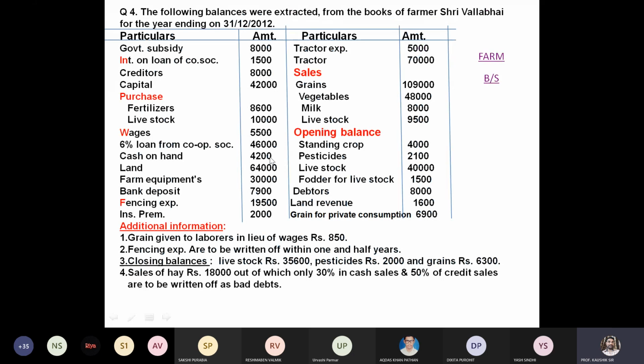So we will add the cash sales in the cash balance. Cash sales we will find out considering adjustment number 4: 30% of 18,000. That we cleared already. 5,400 is the amount of cash sales that will be added in the cash on hand.